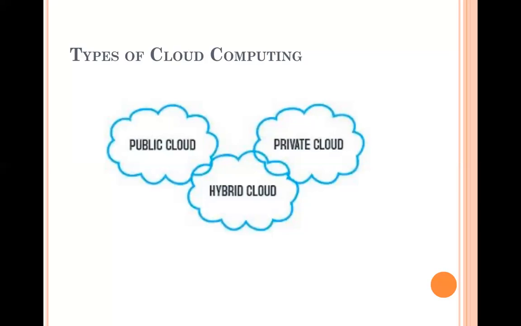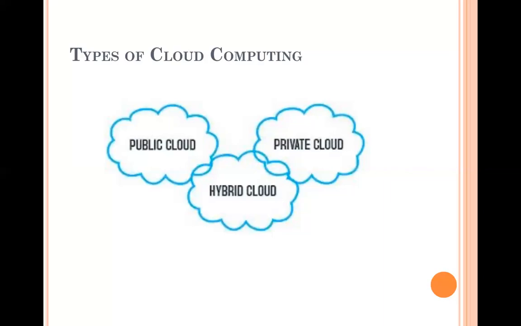Now see, the examples of public cloud are IBM Smart Cloud Enterprise, Google App Engine, Windows Azure Services Platform, then Amazon Elastic Compute Cloud EC2. Google Drive is also included in public cloud.